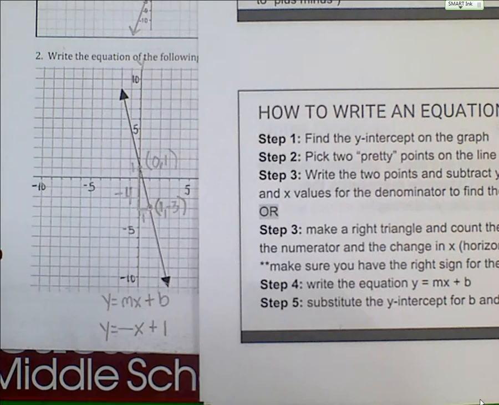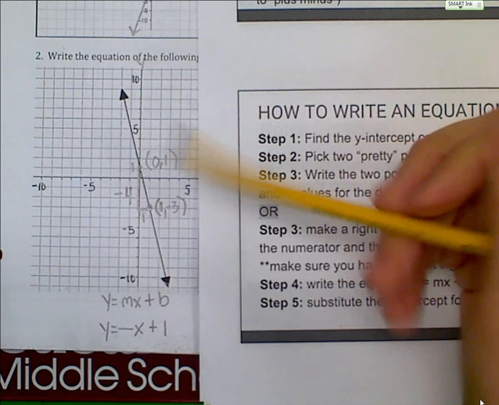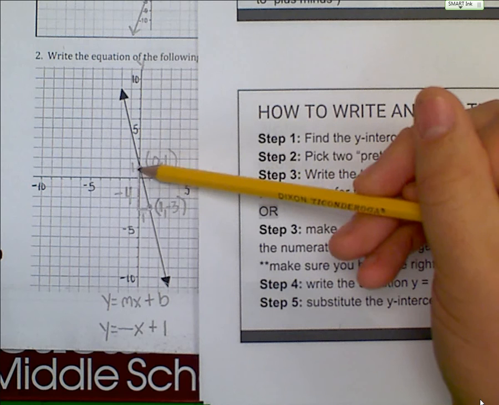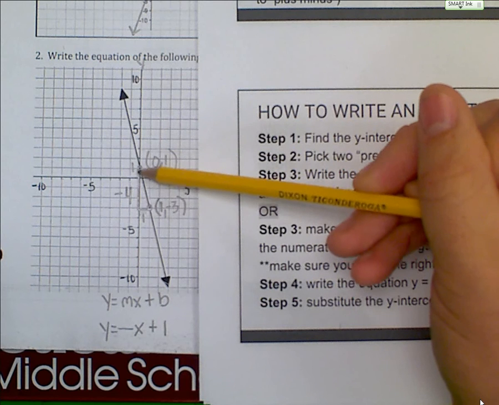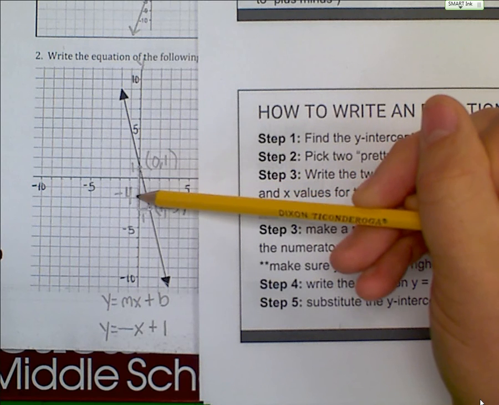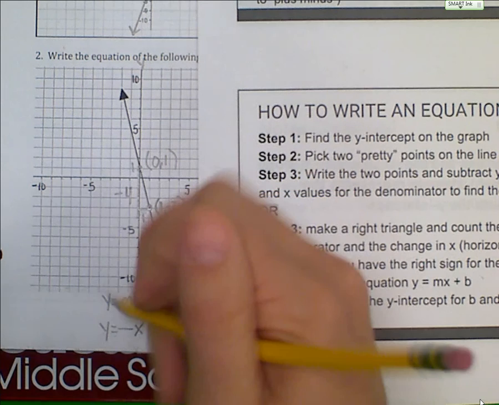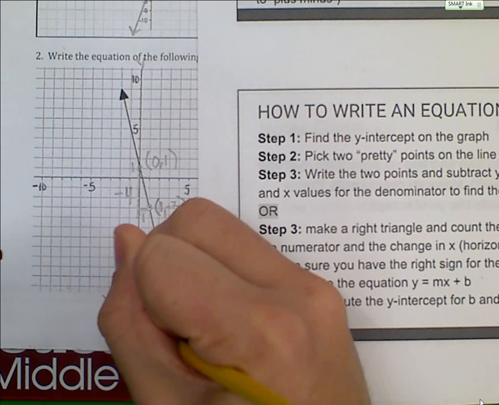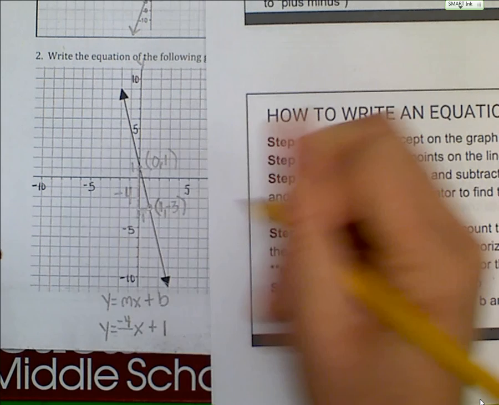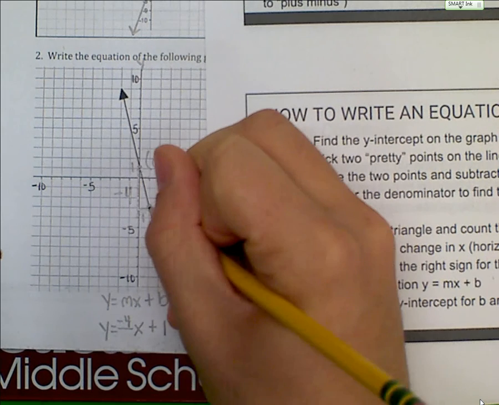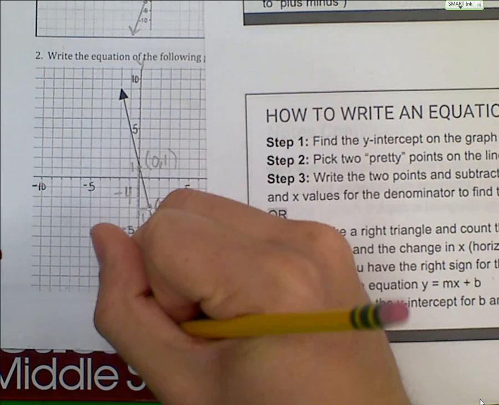So my change in y, how I changed the y axis, is I went down 1, 2, 3, 4. So my change in y was down 4. My change in x went from 0 to positive 1. That's a change of positive 1.